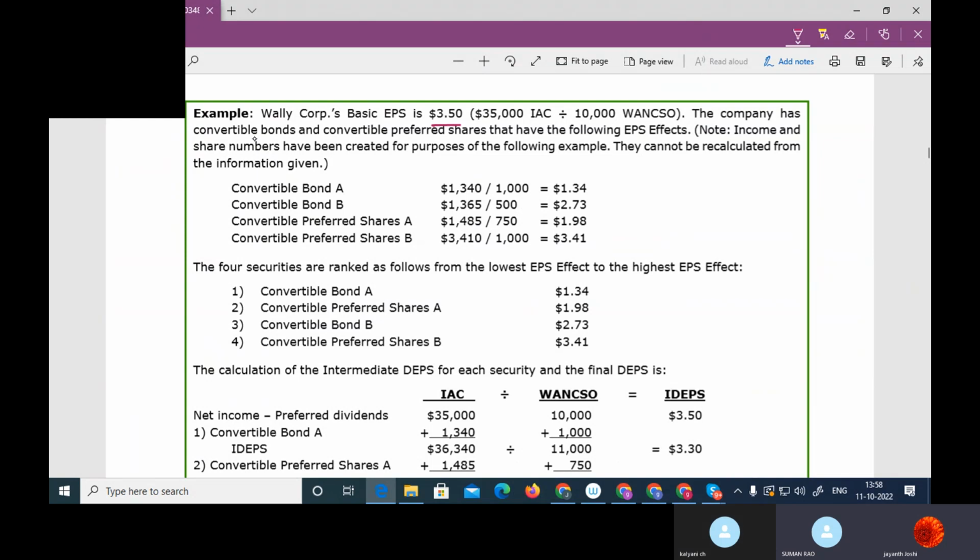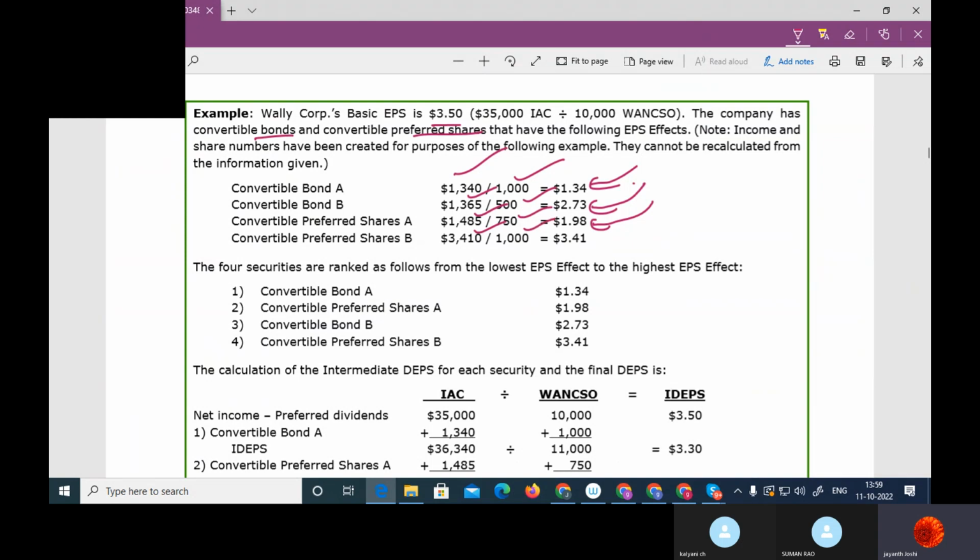Then the company has convertible bonds and convertible preferred stock, and the EPS effects have been shown here. Convertible bond A, numerator effect, denominator effect, it is 1.34. Convertible bond B, numerator effect, denominator effect, EPS effect. Preferred stock A, and convertible preferred stock B, likewise.